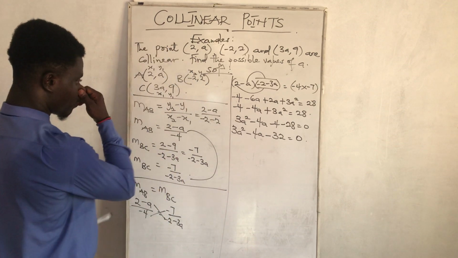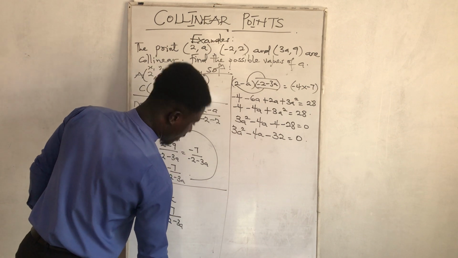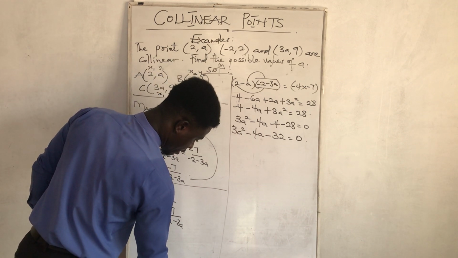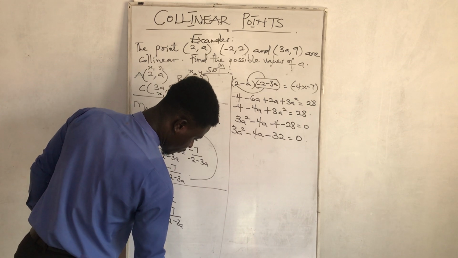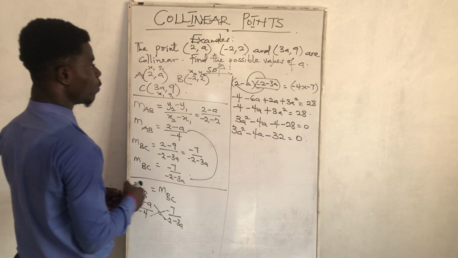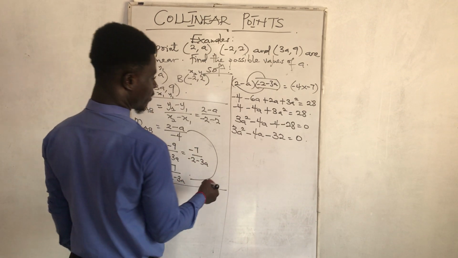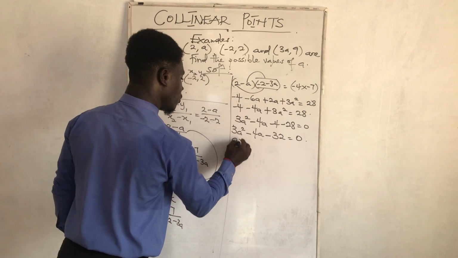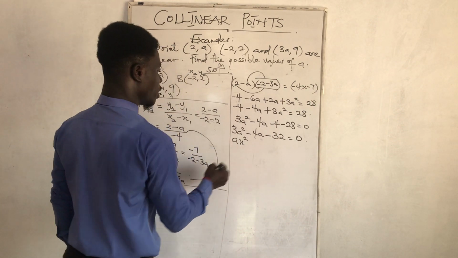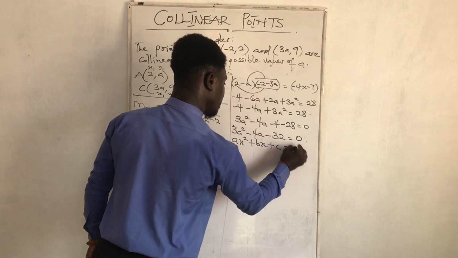So now let's see, how best can we solve this? So I have 3, then minus 4, then minus 32. If you are using the quadratic formula, you have to compare with the general quadratic equation, which is ax squared plus bx plus c, which is equal to 0.